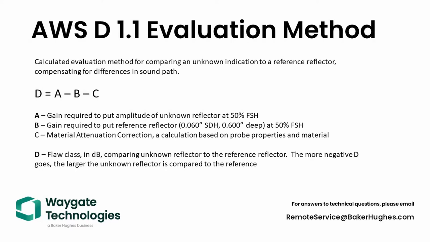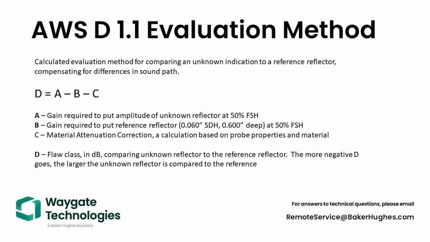As the indication goes deeper into the part, the sound path from the probe to the indication is longer and longer. We factor in some additional gain to make up for the loss of sound over the distance involved. So C is calculated as 0.079 dB per millimeter, times the measured sound path to our gate minus 25.4 millimeters.